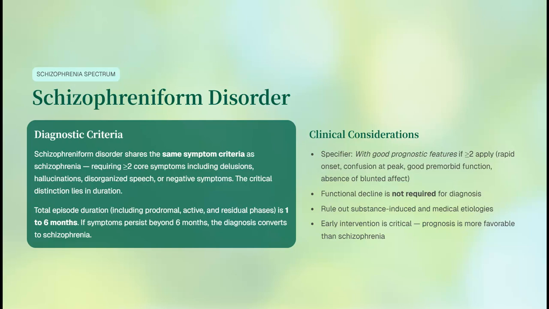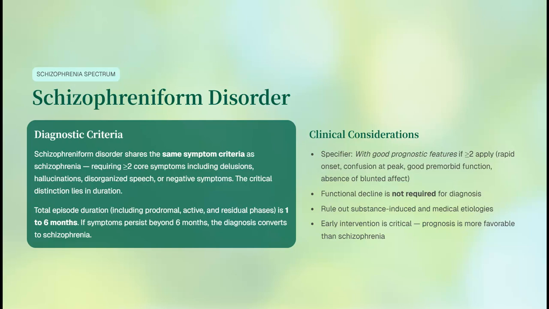Watch for the good prognostic features specifier. That applies if 2 or more of these are present: rapid onset, confusion at the peak of the illness, good functioning before the onset, or absence of blunted affect. Another important thing is that functional decline is not required for the diagnosis.